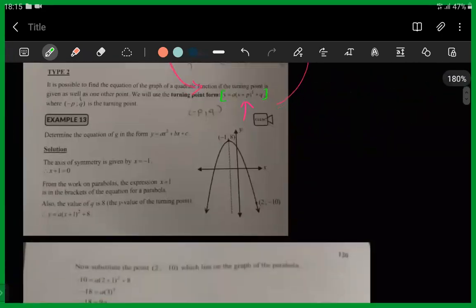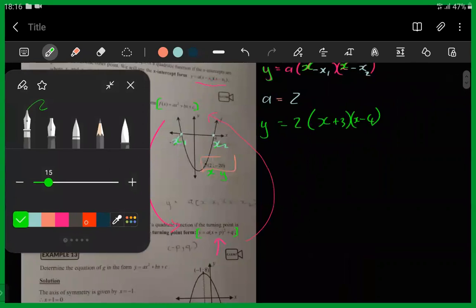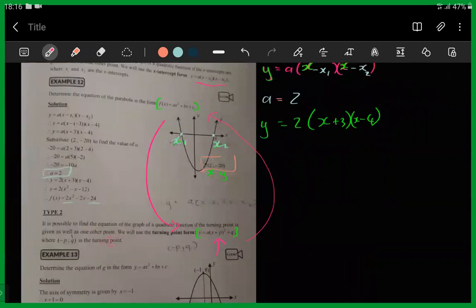So completing the square, this is the idea, right? When you complete the square, firstly, this format here is f of x is equal to 2x squared minus 2x minus 24.